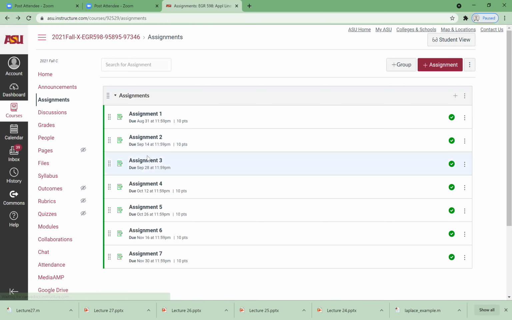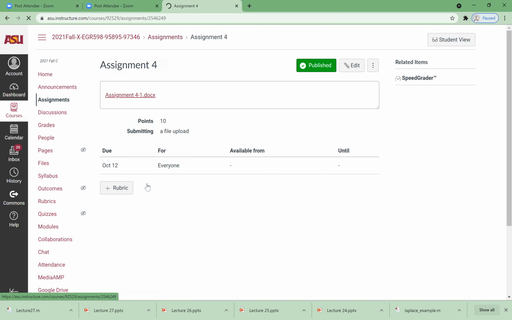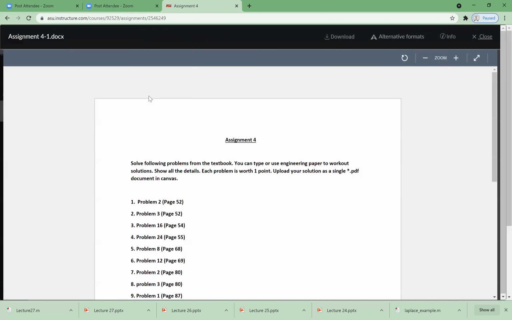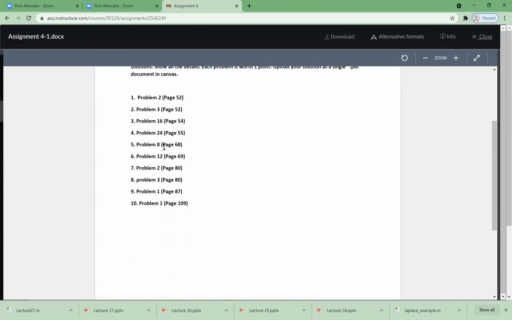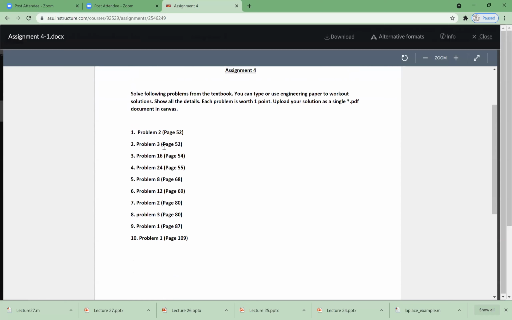But I would caution you that assignment number 3, some problems will be very frustrating. Assignment number 4, same stuff. But in assignment number 4, again, some problems would be very frustrating. Some problems are super simple. So as long as you do most of these problems, you get them right, you should be good.